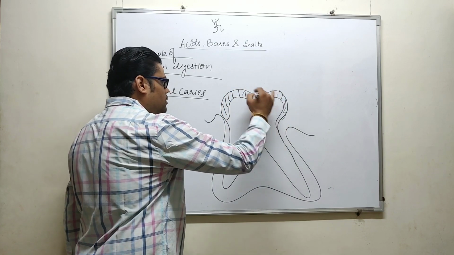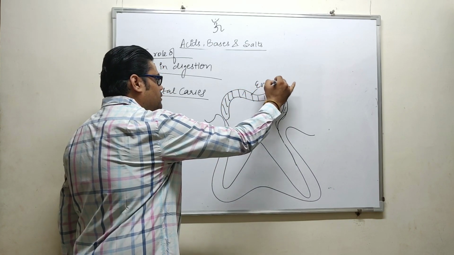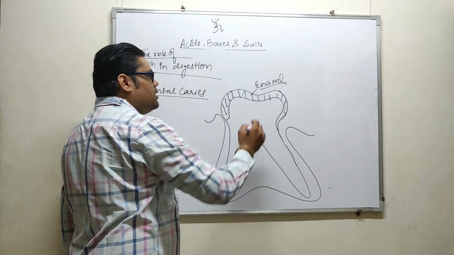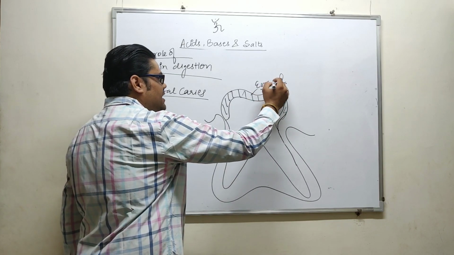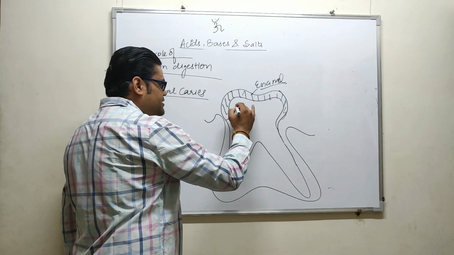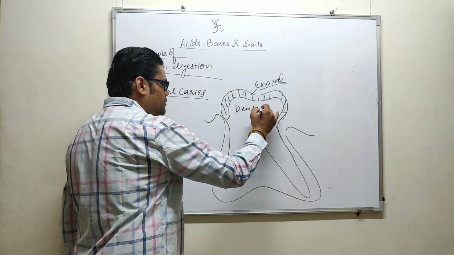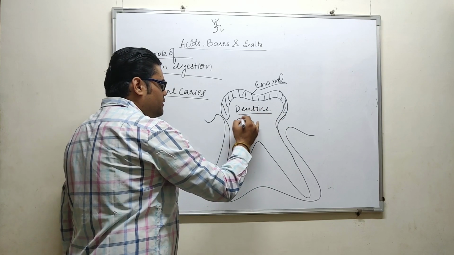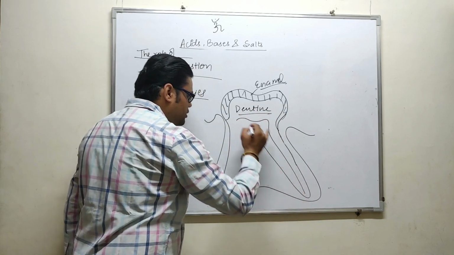Okay, as we all know, enamel. Then the next layer is dentine, and the innermost layer is the pulp.